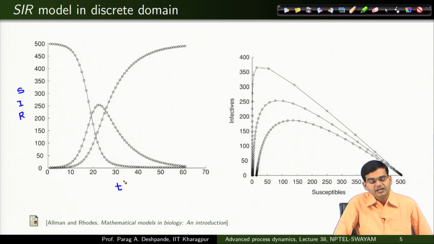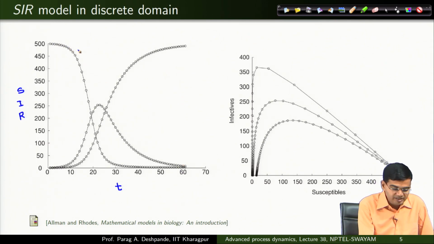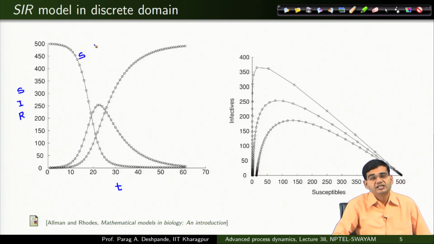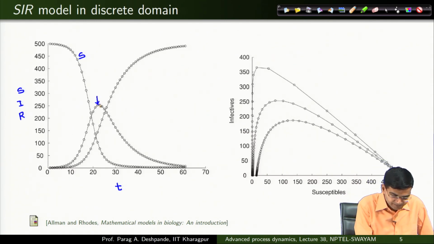It is not very difficult to see that this continuously decreasing curve would be your S. We saw in the previous analysis there is a peak in the number of infectives. So, this is I and this is the recovered persons.